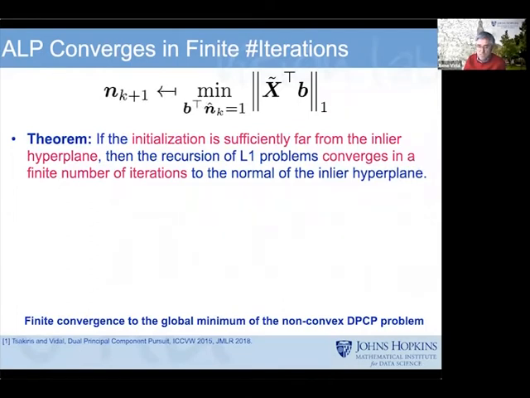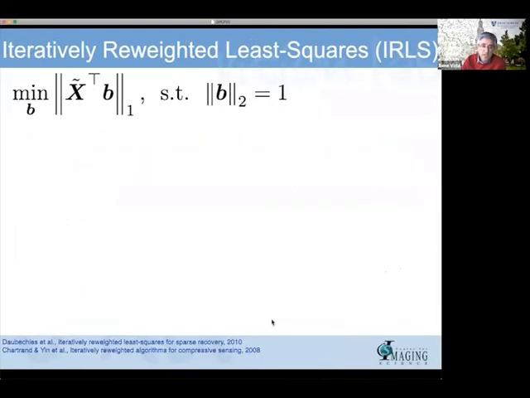And the reason is that you can find a lower bound for the improvement at every iteration. So that was the first algorithm.